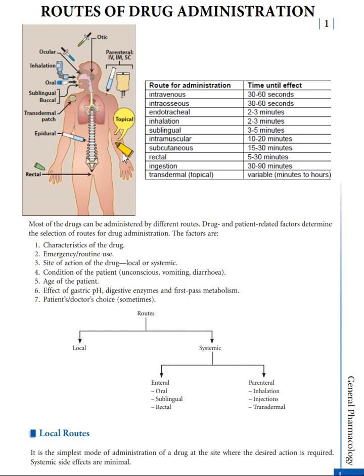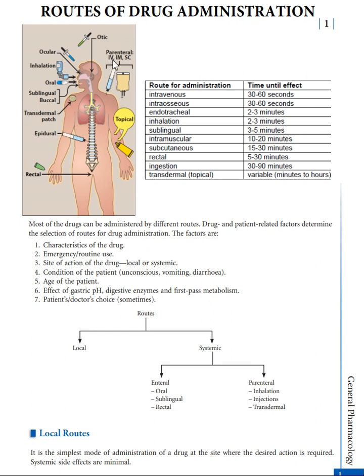Then you have applications. In local, you have a classification as topical. So again, application on the skin or mucous membrane. Then you can have your optic and ocular also, and also the rectal. These all are included in your local routes.